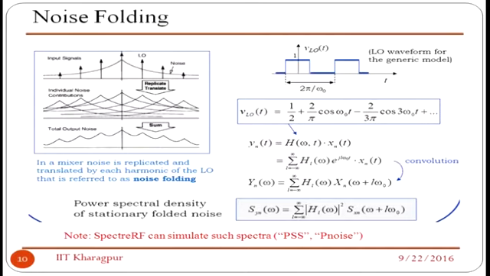Clear? And you also understand how the local oscillator modulates: say this is my fundamental, third harmonic, fifth harmonic, and the noise signals get modulated. Each of them is modulating, that is called the frequency gets folded, and the contribution of each of them comes in this way.